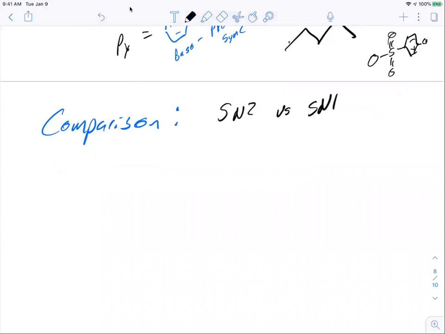Now, to predict the products of a reaction, we need to be able to consider what kind of mechanism is going on. It's going to be important to determine, in some cases, their stereochemistry.